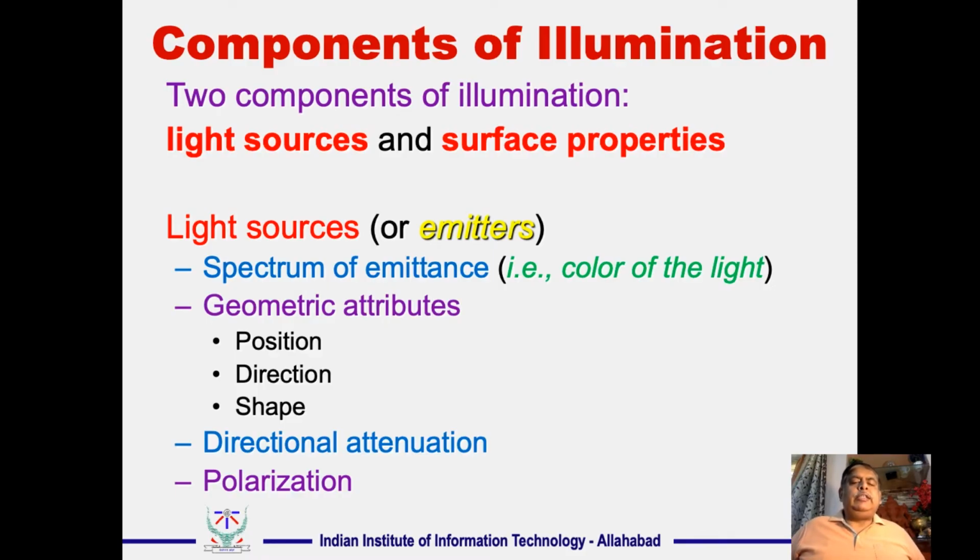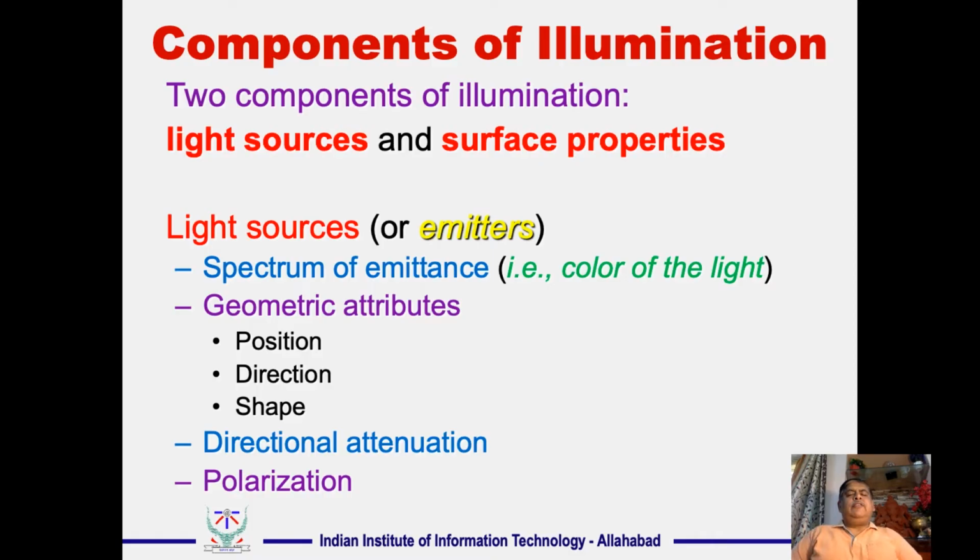Directional attenuation: the light traveling from the light source to the object gets attenuated. This happens when there is a lot of mist or dust in the air or some other material, or when we are talking about large distances through which light is traveling, like the light from the sun.